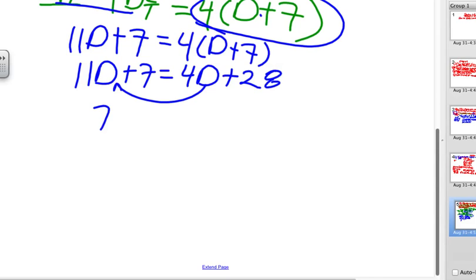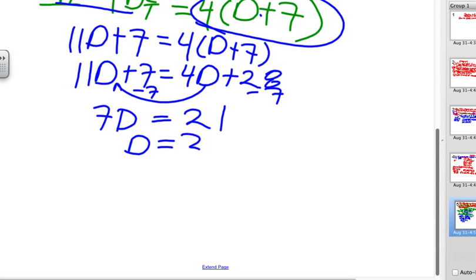That gives me 7D. Then I'm going to subtract my 7. Equals 21. Divide by 7. So the age of the daughter 7 years ago was 3 years.